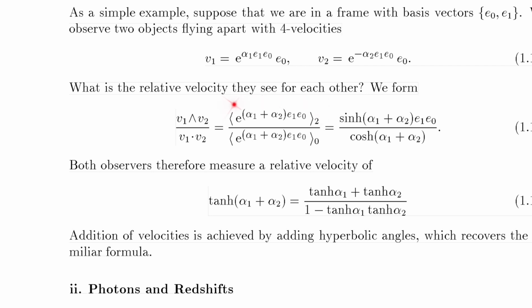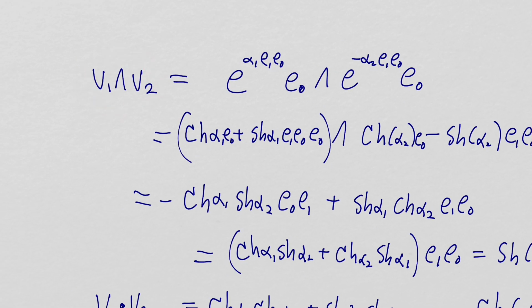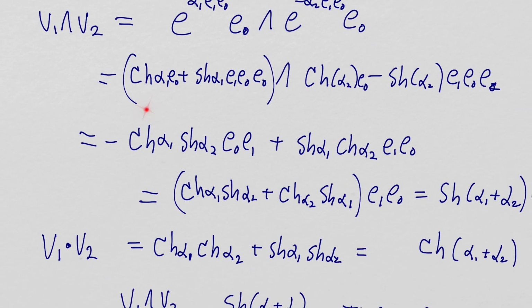And it's worth seeing how this works. I don't want to belabor it, but let's just quickly look at it. Right, so they start with V1 wedge V2, which is going to be e to the alpha 1 E1 E0 wedge e to the minus alpha 2 E1 E0. And you just blow that up, right?